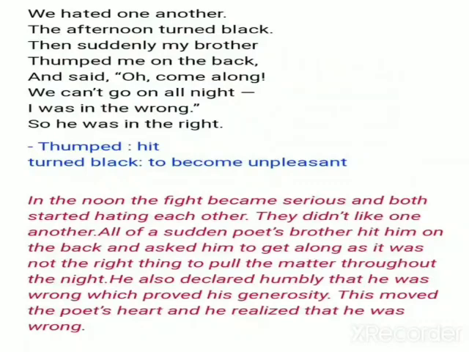Then suddenly, in the afternoon, the fight became serious and both started hating each other. They did not like one another. All of a sudden, the poet's brother hit him on the back and asked him to get along, as it was not the right thing to pull the matter throughout the night.